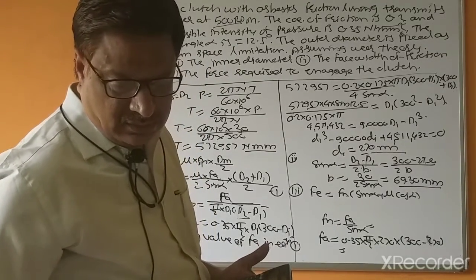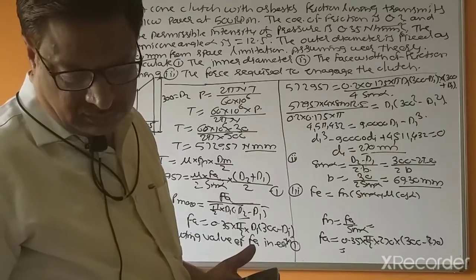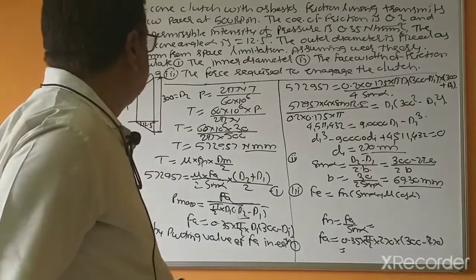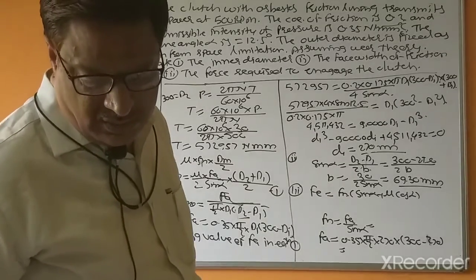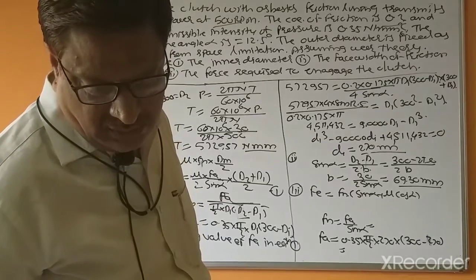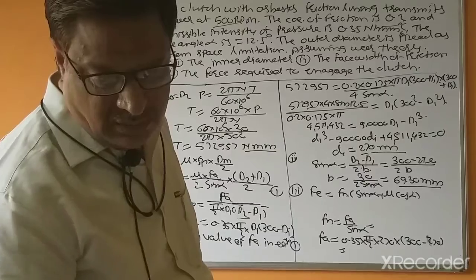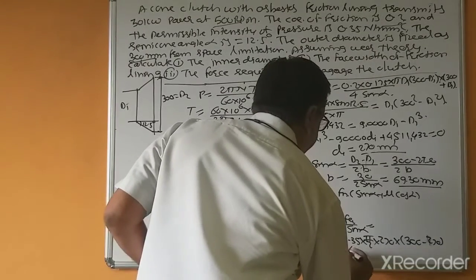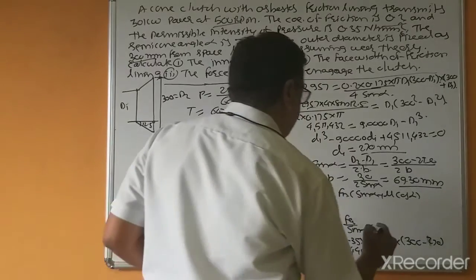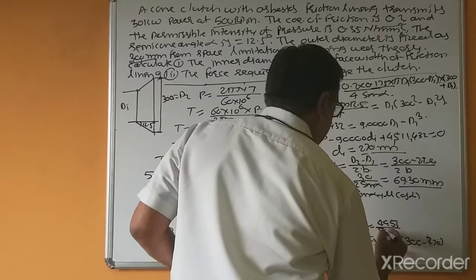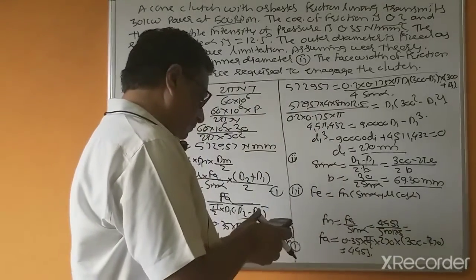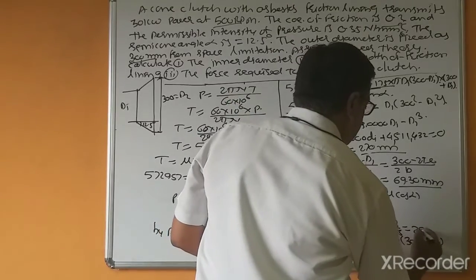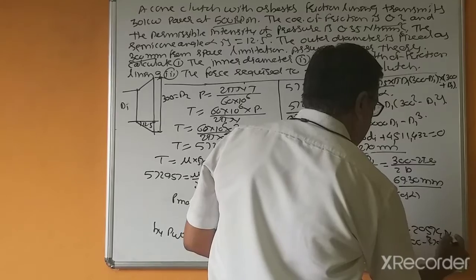That is 4453 Newton. So this 4453 divided by sin 12.5 is 20,574 Newton.